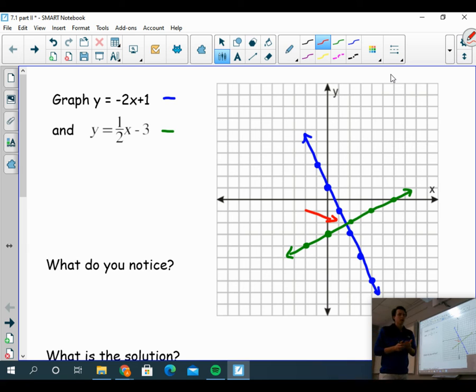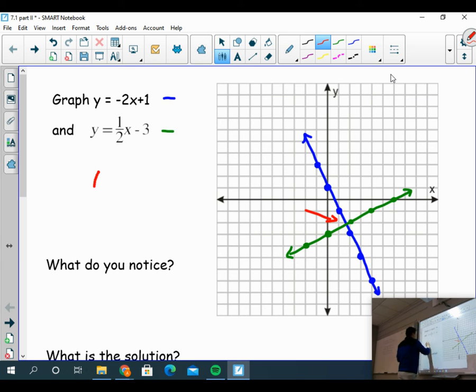But where it can struggle some is if your solution doesn't turn out to be an integer, if those dots are not landing on top of each other, we can approximate our solution, but especially when we're graphing by hand, we're not going to be able to find an exact solution to the system. Okay? And in that case, we're going to use some different methods, or maybe we graph with a graphing calculator or computer to ensure accuracy.